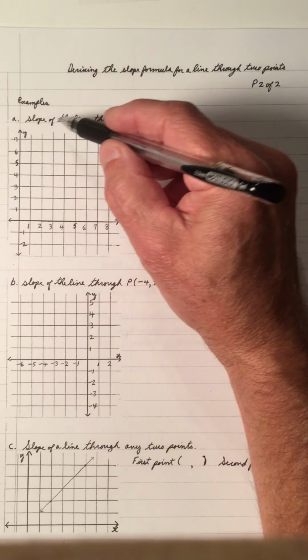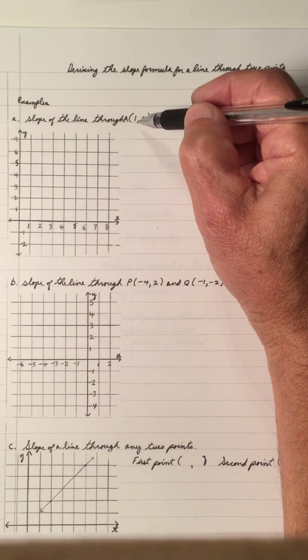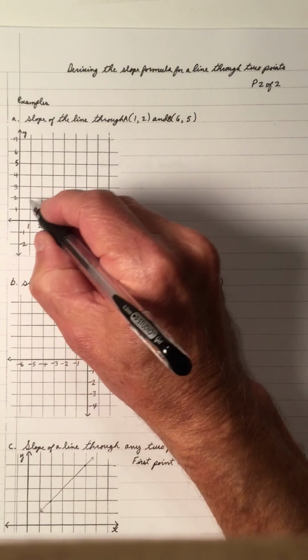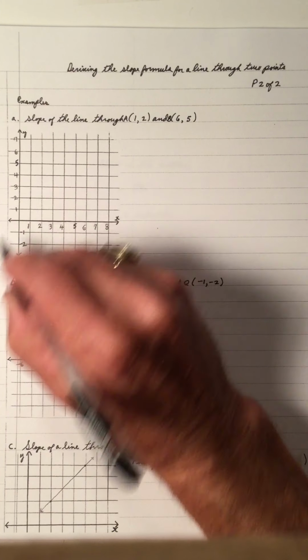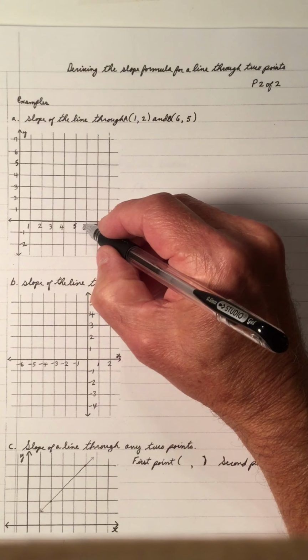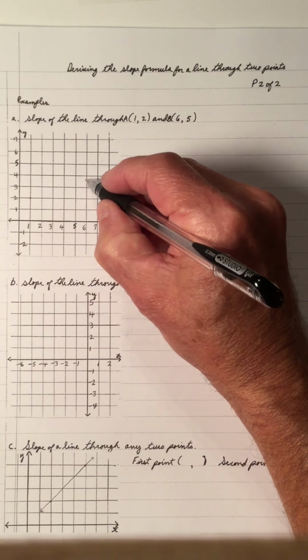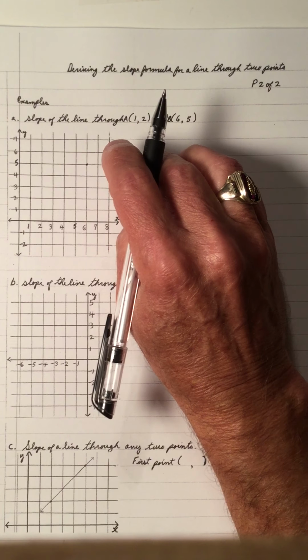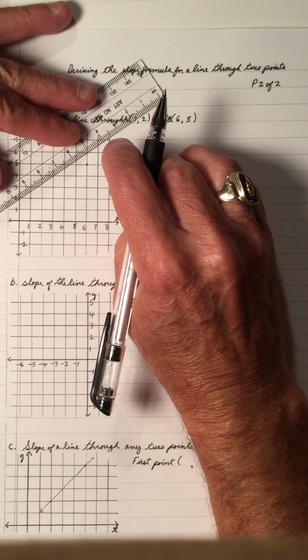Example 1, the slope of a line through the points (1, 2) and (6, 5). So the point (1, 2) is right here, and the point (6, 5), x is 6, y is 5, is here. So we're going to get the slope of the line through those 2 points.